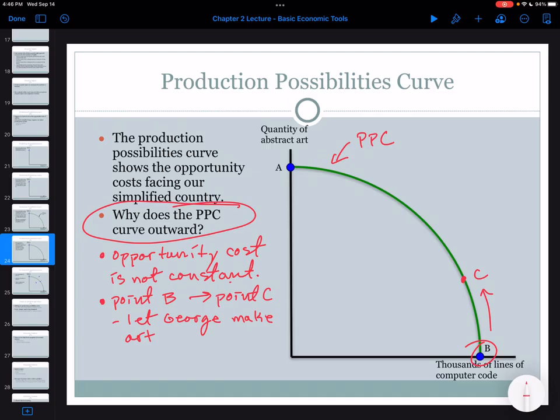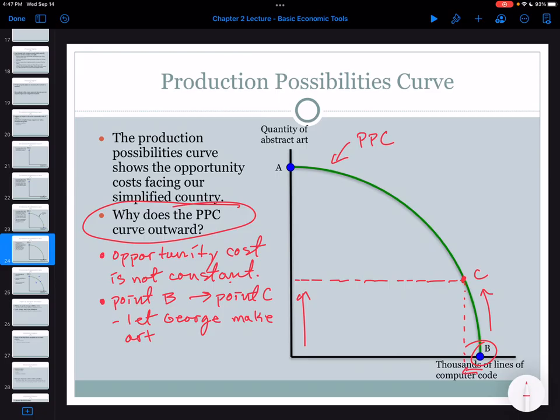And point C means that we're going to lose some code, right? So we move this way, we lose some code, but we gain a bunch of art, okay?